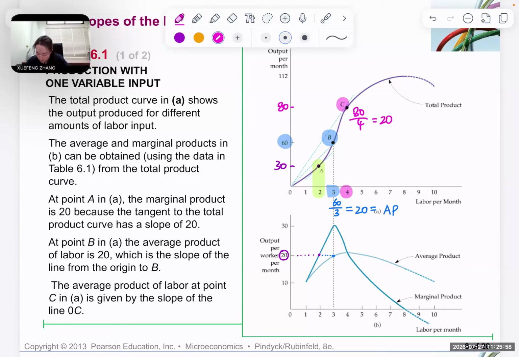Where's 20? This is 20, so it's both the marginal product and average product, because at this point MP intersects with AP.